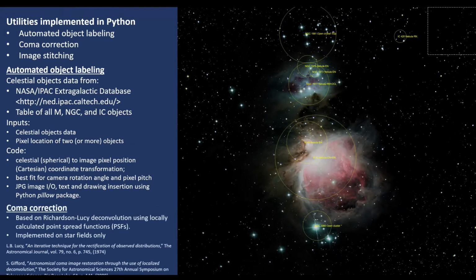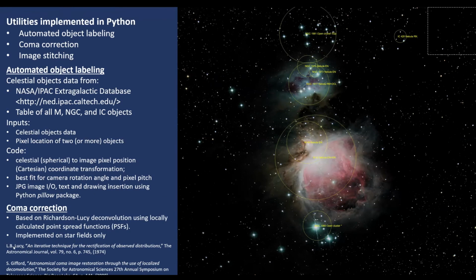The coma correction that I do on a lot of the images, just depending on how much energy I have, is based on Richardson-Lucy deconvolution using locally calculated point spread functions. You implement it on star fields only, because it'll just make a mess of extended objects.